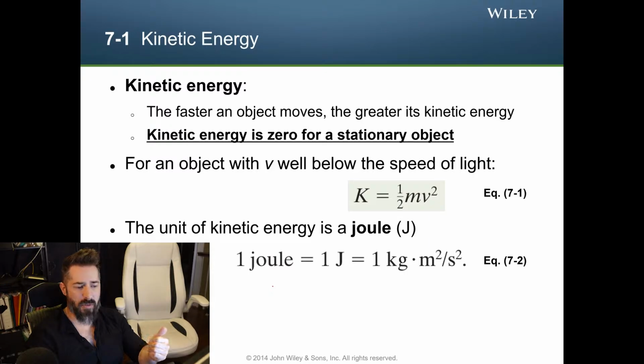Even if you get up to a quarter the speed of light or so, it's not terrible. Basically anything moving in our world that we deal with every day is well within this range. Even one of the fastest moving objects we have, a space shuttle moving around the planet at something around 25,000 miles per hour, is well within the confines of this. It's still going to work.